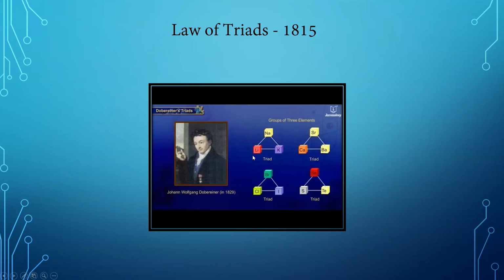He noticed that certain trios of elements had similar properties. For example, lithium, sodium, potassium, or calcium, strontium, and barium. He also noticed that if he arranged those triads of elements according to their atomic weight from the lightest to the heaviest, the properties would change according to atomic weight.